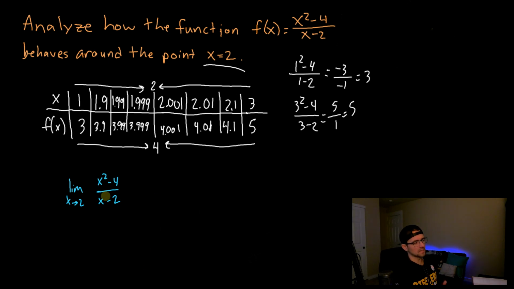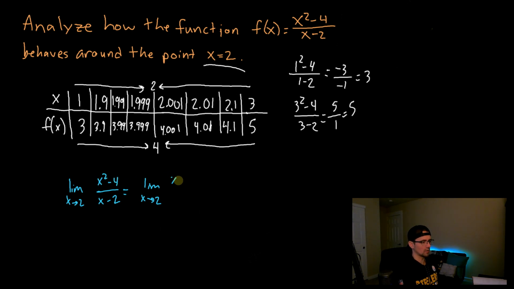Well, in this case, this fraction can actually be factored. So this is the same as the limit as x approaches 2 of x squared minus 4, which is a difference of squares. A difference of squares is when you have a squared term minus another squared term. That always factors out, so if you have a squared minus b squared, that factors into a minus b times a plus b.